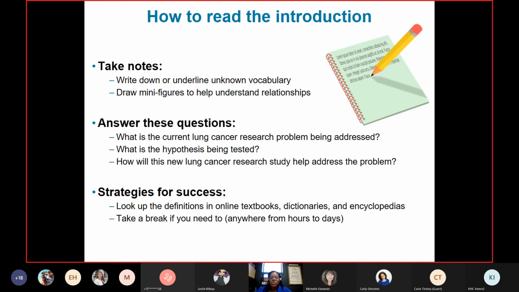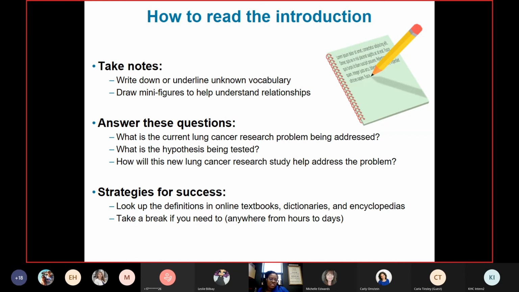So there are all types of ways that you can take the PDF and annotate it digitally. But you want to take notes on this vocabulary. And then also, if you are visual, right, so people learn different ways, it's okay to know how you like to read, right? So you would want to draw many figures to help understand these relationships that come up in the introduction. So you want to ask yourself these 3 questions, right?